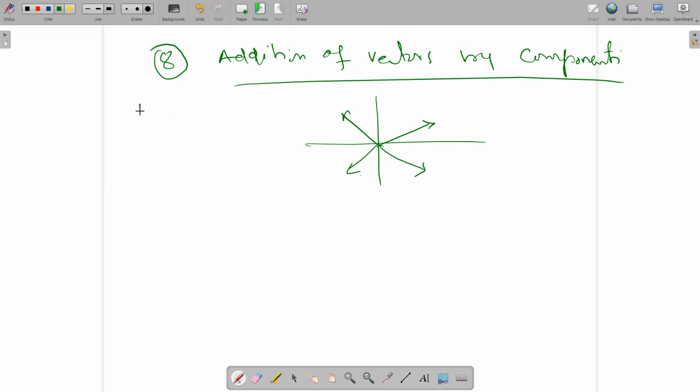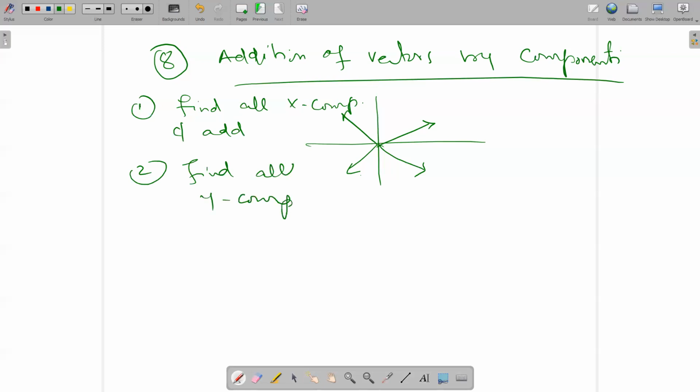So I have given you some rules. The first rule is to find all X components and add them. Second, find all Y components and add them. When you add these, you have Rx, the resultant of all the X components, and Ry, the resultant of all the Y components.